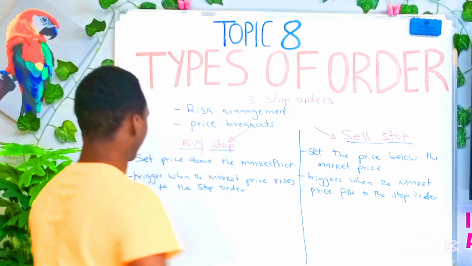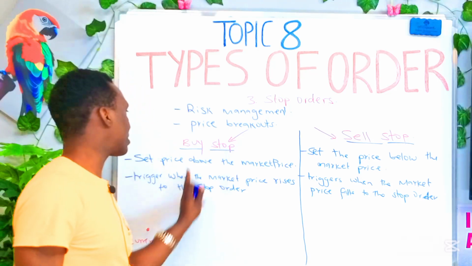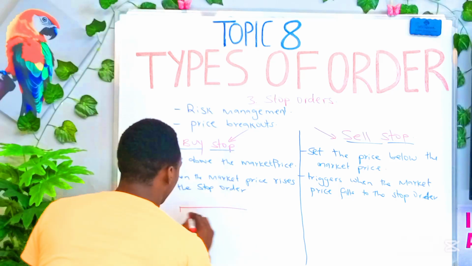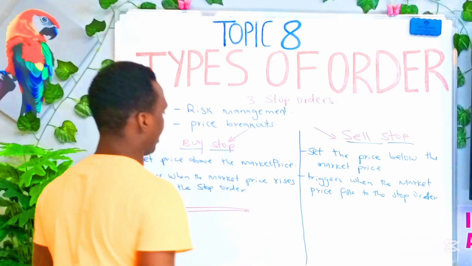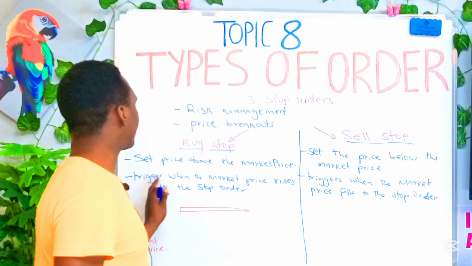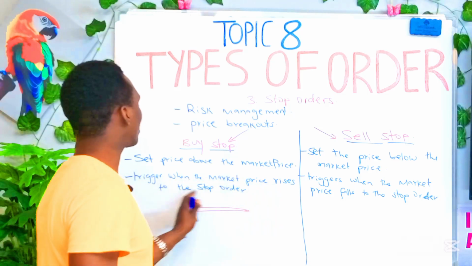All right, so where do we place our buy stop? Here. Our buy stop is there. What happens is that it can only be triggered when the market price rises to the stop order.